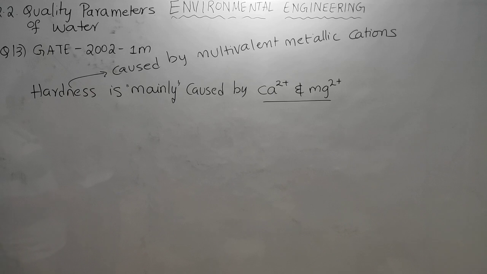Option A is Ca2+ and Mn. Mn is manganese, Mg is magnesium. So that is wrong. Sometimes we overlook and don't see the answer properly. If you look at M, you miss N. You see calcium and magnesium and tick that answer, then it will be wrong. Option D is correct because it is calcium and magnesium, not manganese. That is why you need to be very cautious in the examination.